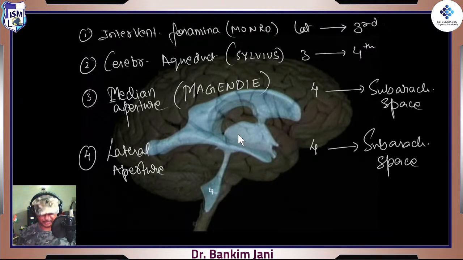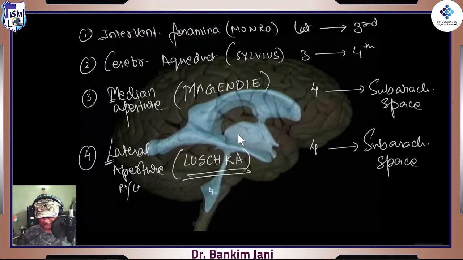And the other is on the right and left, L for L, and this is called the foramen of Luschka. Interesting names, right? Foramen of Luschka, foramen of Magendie, cerebral aqueduct of Sylvius, and foramen of Monroe. As such, you have seen all, except some small things, right? We'll come to that. Okay.